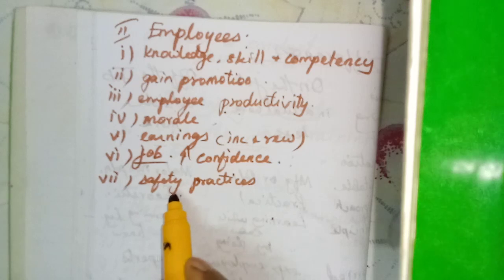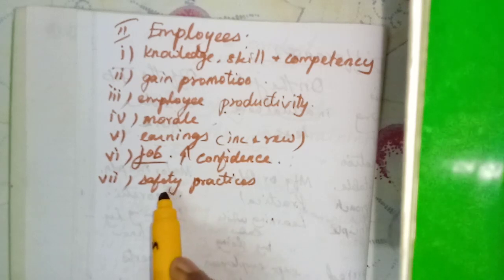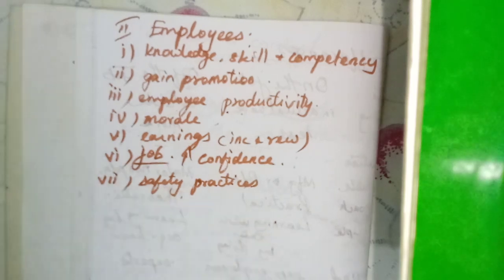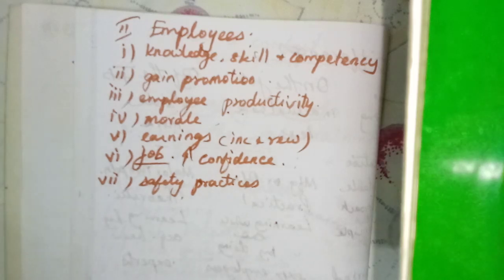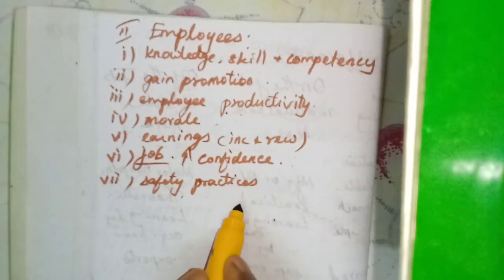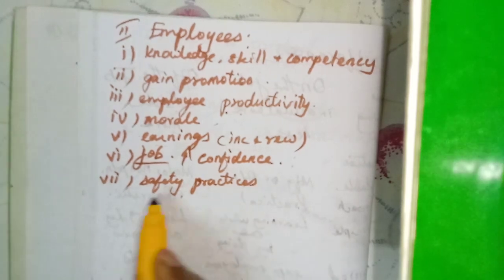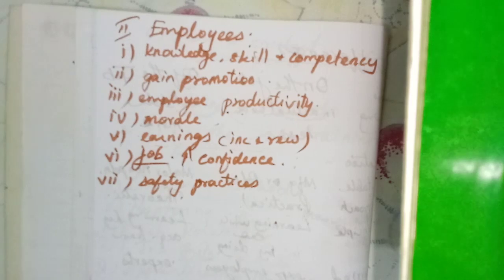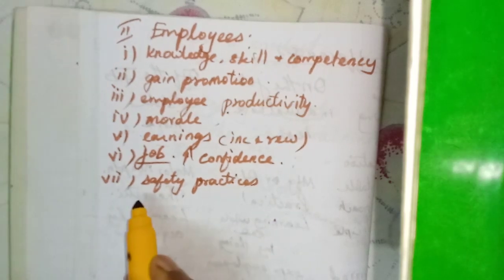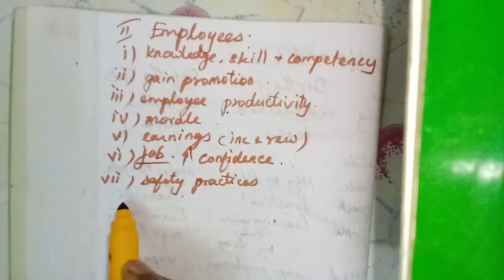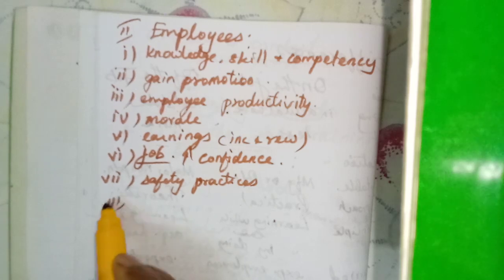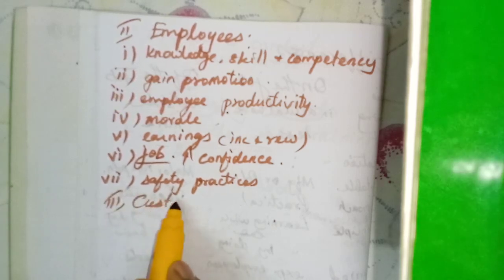So he can avoid accidents because he has gained that knowledge of how to protect himself. Safety practices will be observed. Okay, so these are the benefits to the employees.